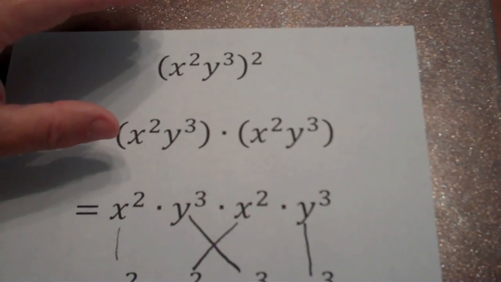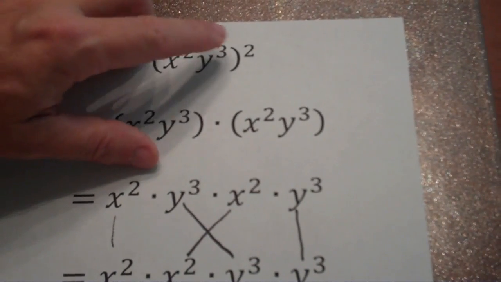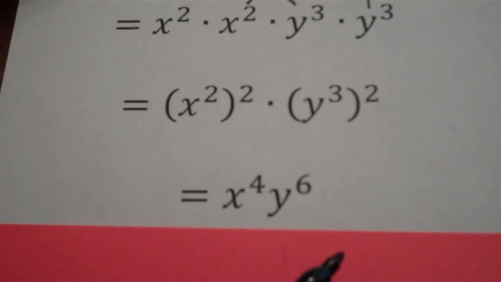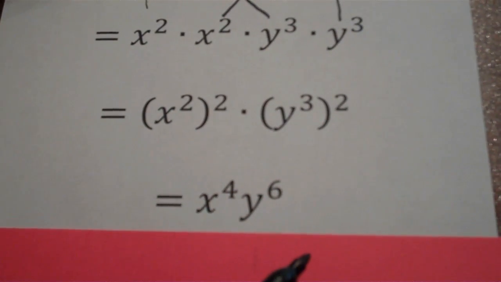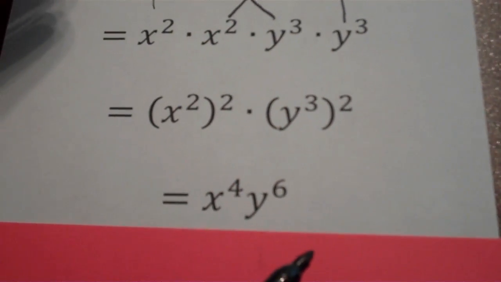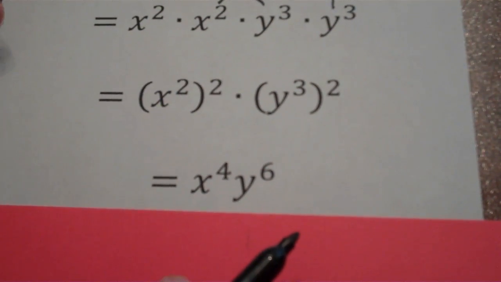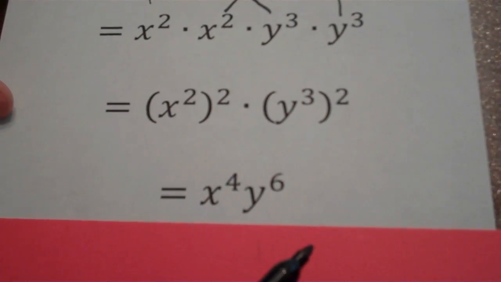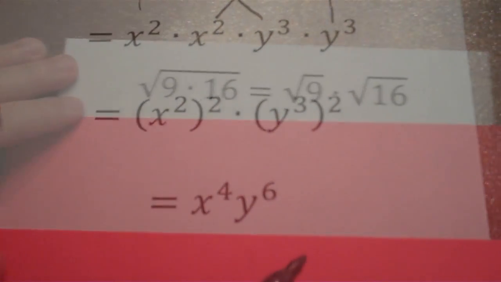I think it was page 3. 2 times 2 is 4. And by the same token, 3 times 2 is 6. So again, if you have a power to a power, and it's all multiplication and division on the inside, you can just distribute that power all the way through the parentheses.